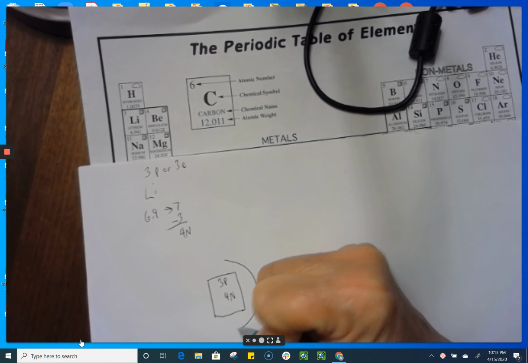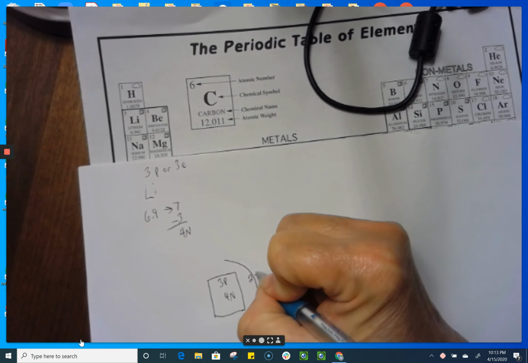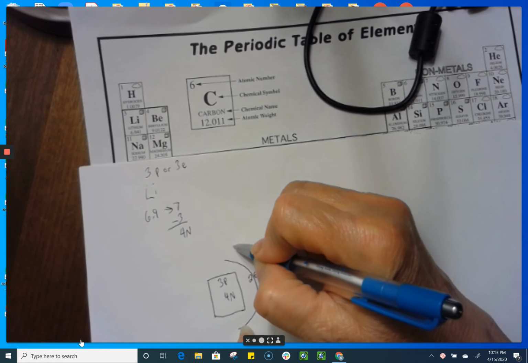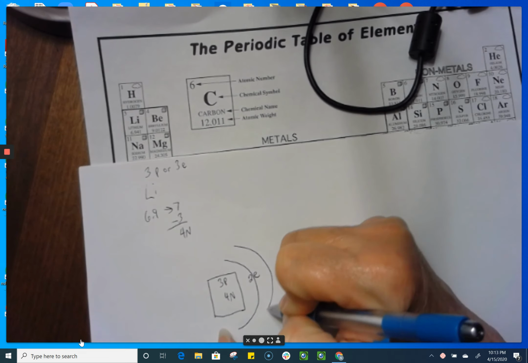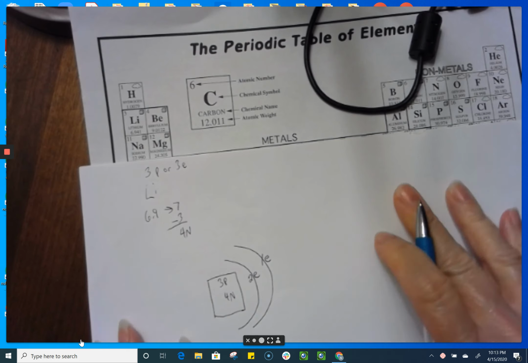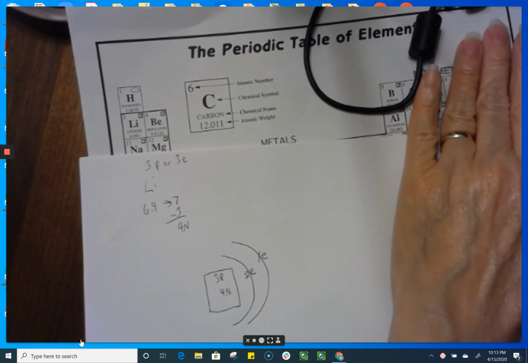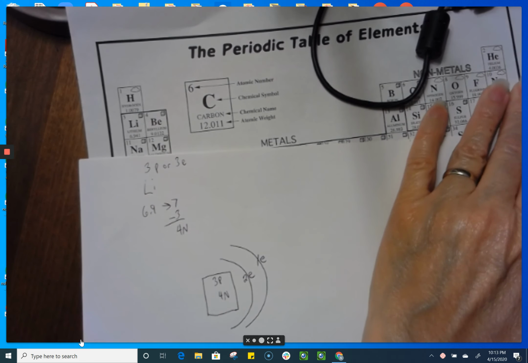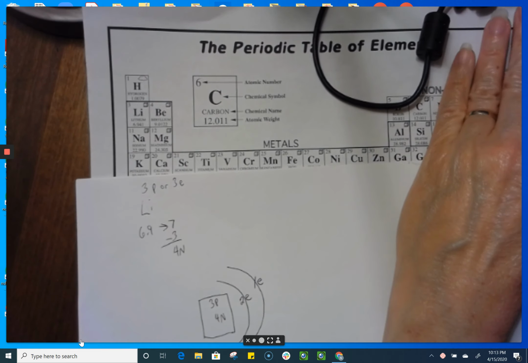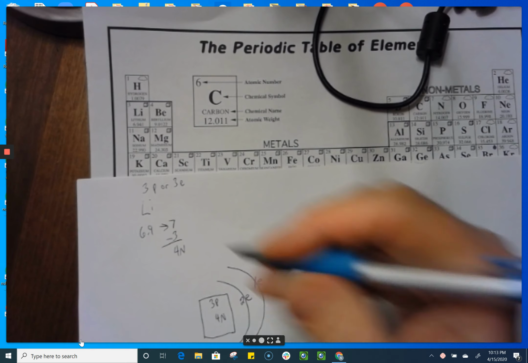Remember, the first energy level can hold a maximum of 2. You always start with the innermost energy level first. So 2 of the 3 electrons go there, and that means you have 1 electron out here. Remember that the energy levels can hold a specific number.